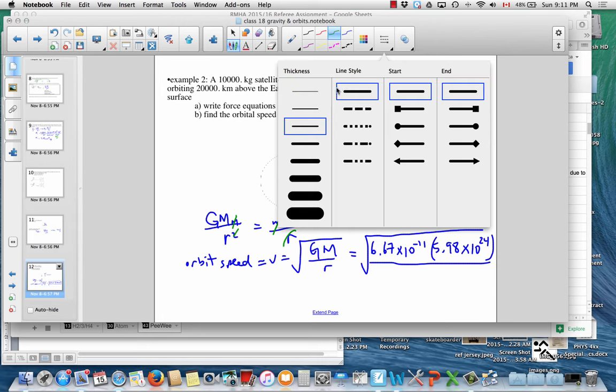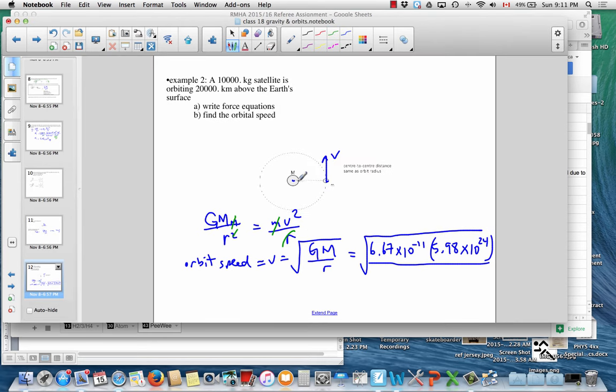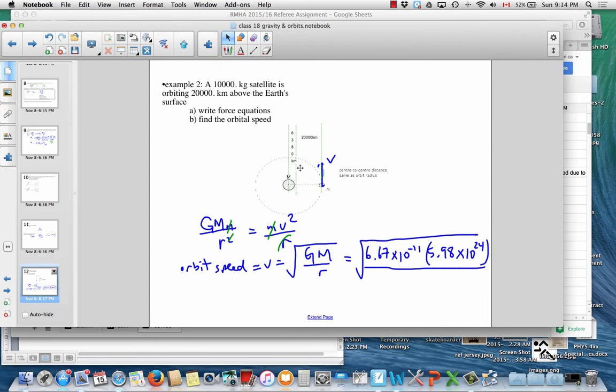Well, note that we were told that this is 20,000 kilometers above. So we're 20,000 kilometers above the surface of the Earth, but of course this is not the radius of the circle. This is not the distance between the two masses.